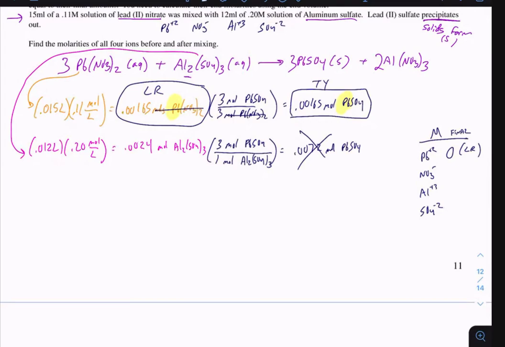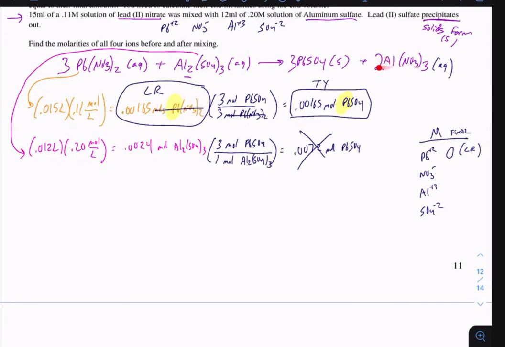So, now, looking back at our balanced equation, since we identified lead sulfate as the precipitate solid right here, right? We said that's our precipitate, that's solid. Well, what state is the aluminum nitrate in, guys? It is aqueous. Okay, so if aluminum nitrate is aqueous, that means this started as a solution.